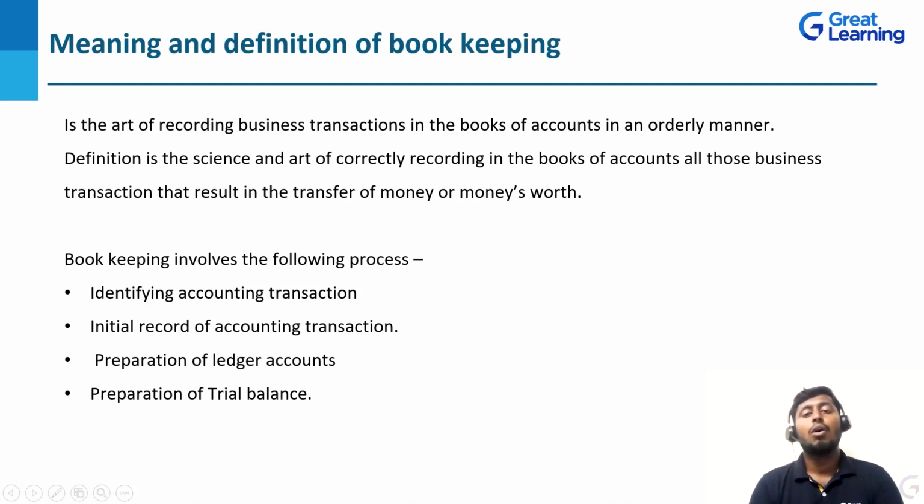On the debit side we record all your assets, expenses and losses, and on the credit side we record all your income, gains and liabilities. Once we get the closing balances, then we prepare the trial balance. So these are the 4 steps involved in bookkeeping.